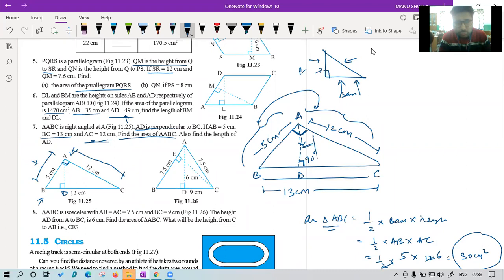I can take this as base and this as height, put the formula half base into height and get the answer. But I'm not able to understand how you are getting to know that you will take BA as base or AC as base. Okay, again I'm repeating this question.